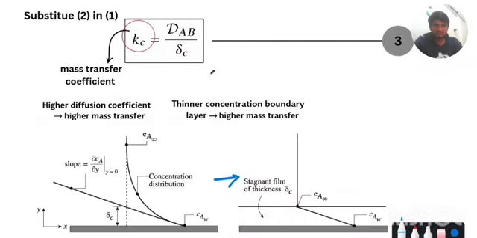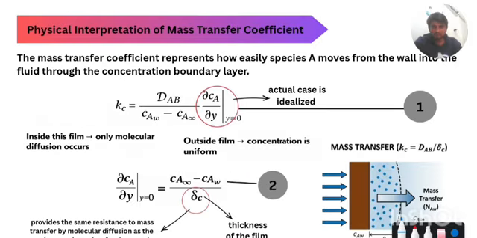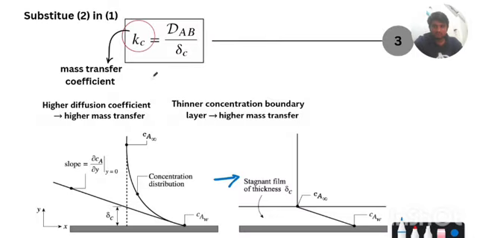By substituting dCA by dy in equation 1, we get Kc, the mass transfer coefficient, equals DAB upon delta C, where DAB is the diffusivity of A in B and delta C is the thickness of the stagnant film.